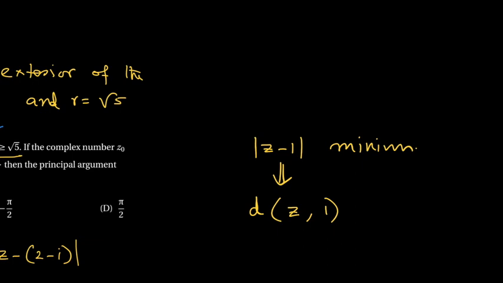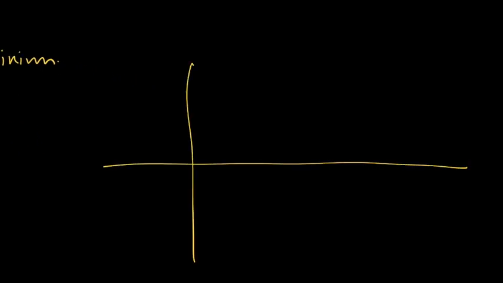Now, if you understand this concept, it is very easy to do, because you just need to draw a good diagram. So, we have a circle, and the center of the circle is going to be (2, minus 1). Okay, this is 2 units and this is 1 unit. Quite incidentally, did you observe that the circle passes through the origin?